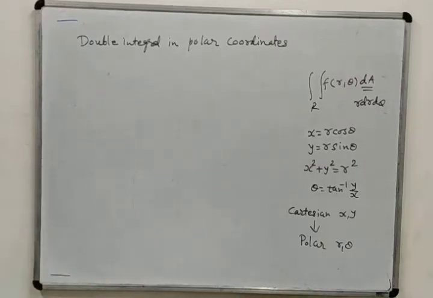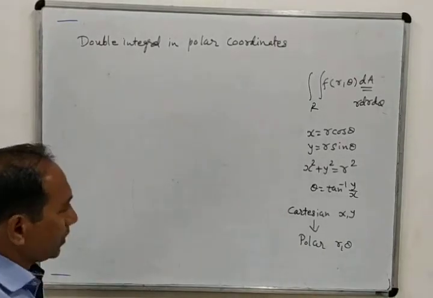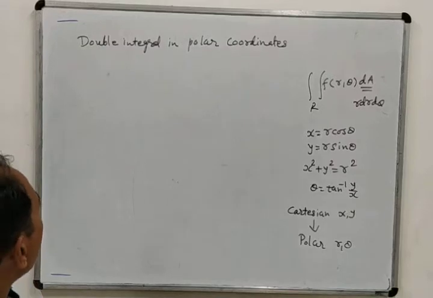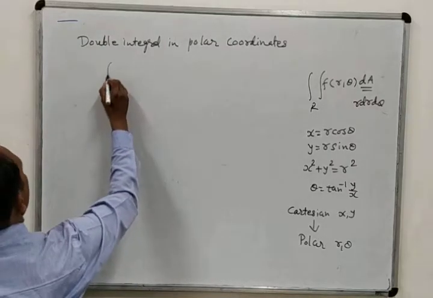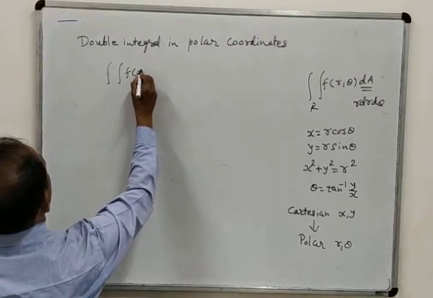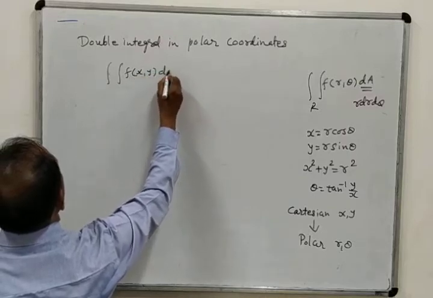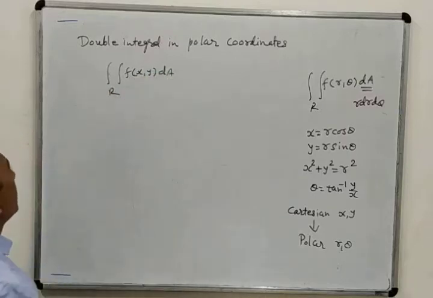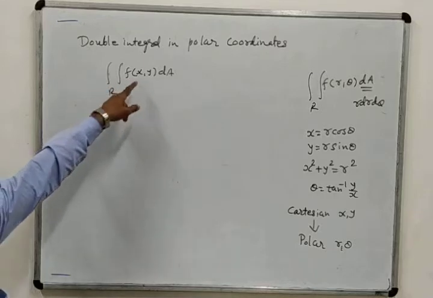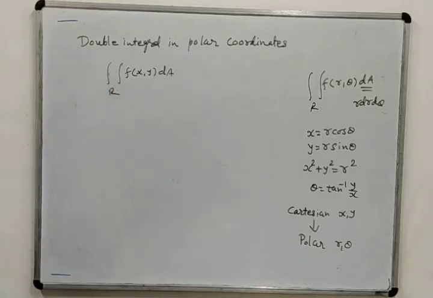And to do this, what will we do? Suppose the problem is given in this form, f of x y over some region R, where x and y are Cartesian coordinates.